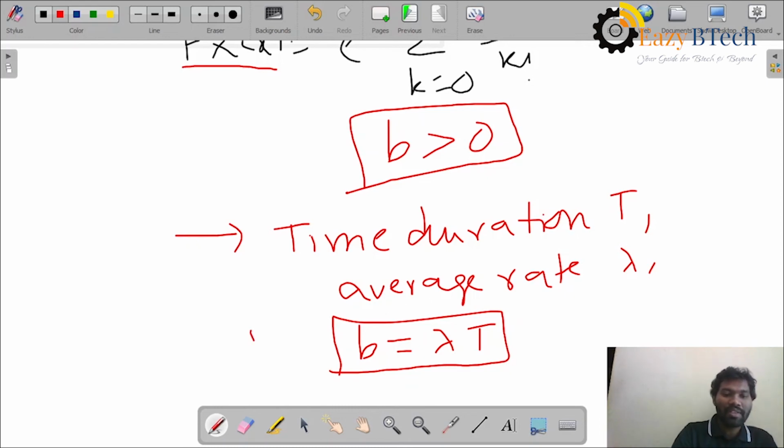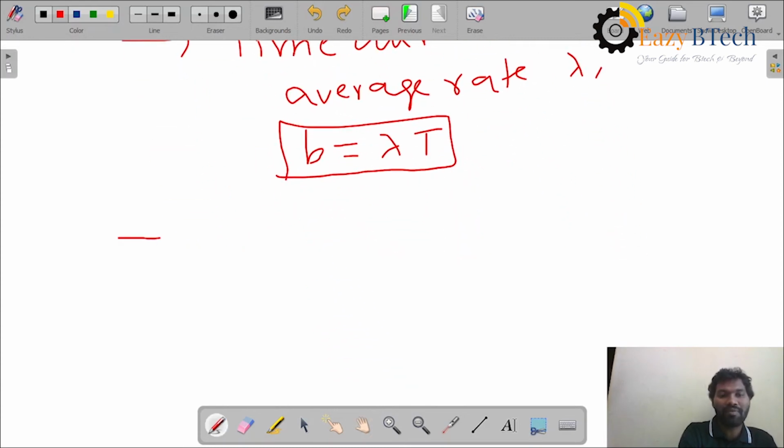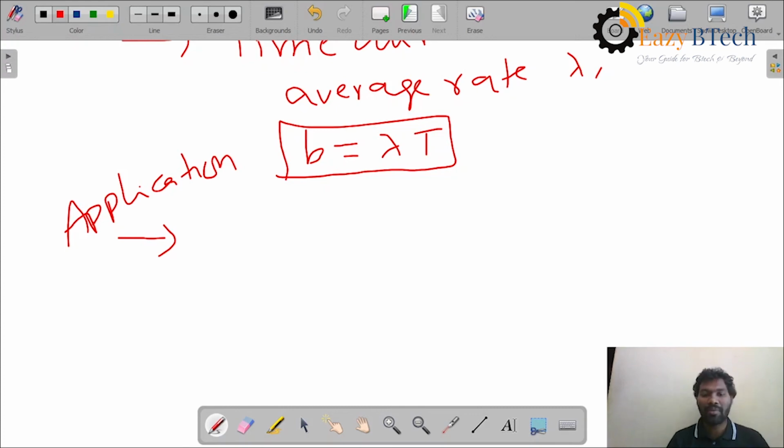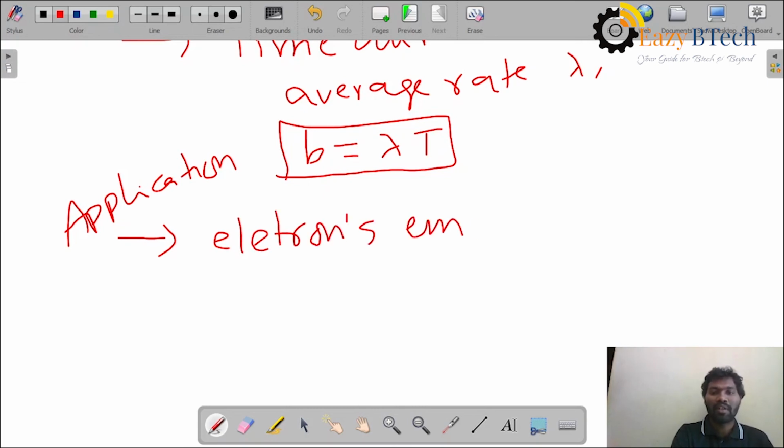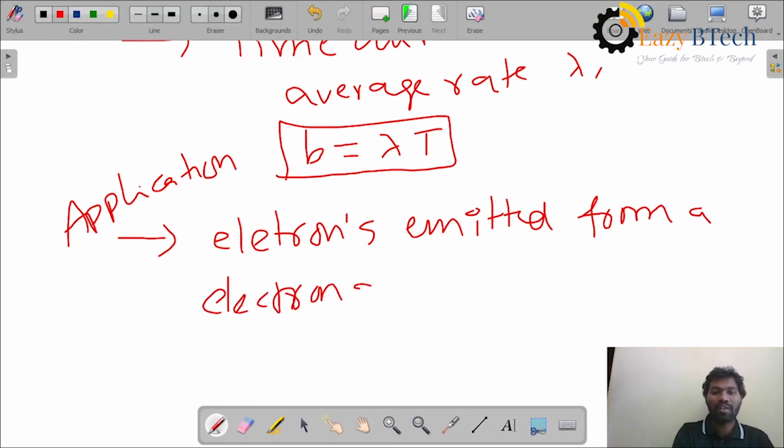Now, what are the applications of this Poisson variable? It is mainly used for counting purposes. That means you can find out the number of electrons emitted from an electron gun in a given duration.